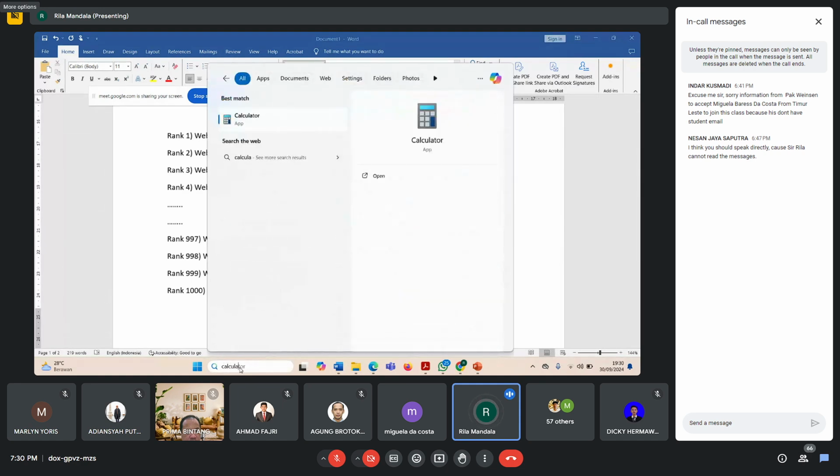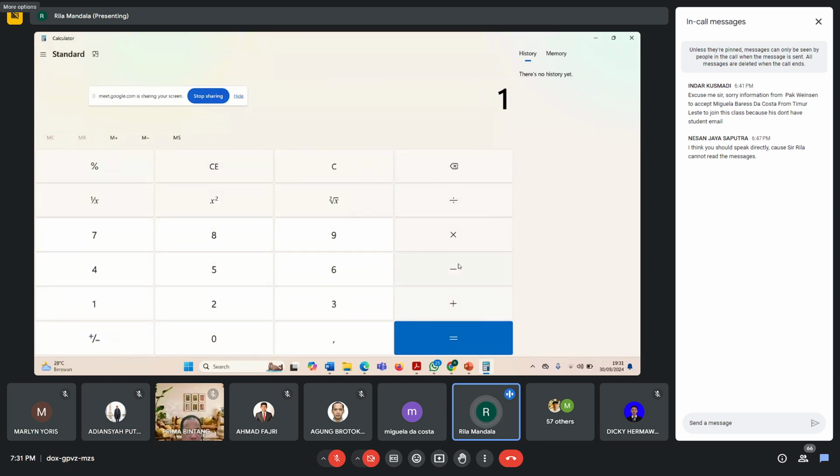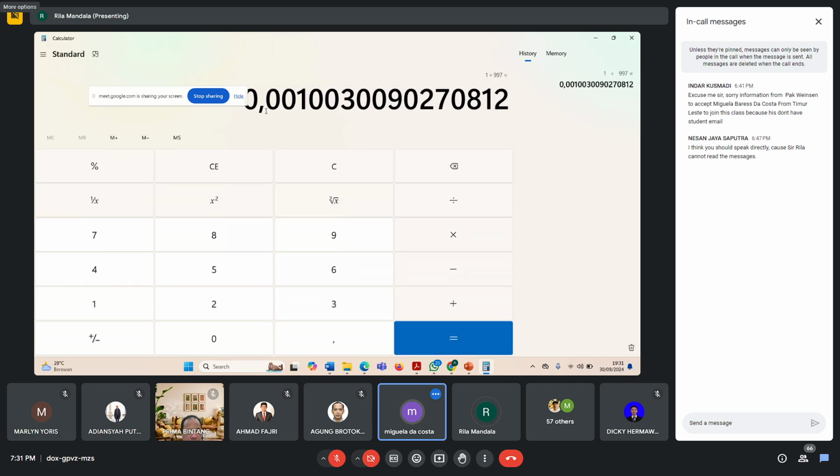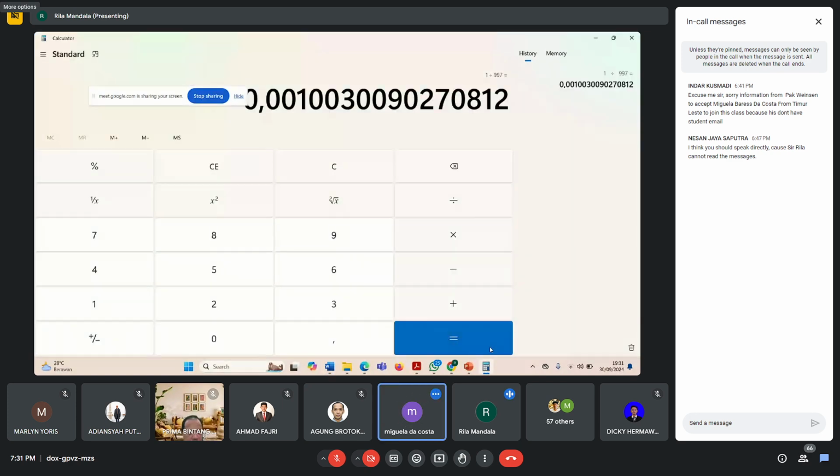Okay, I will use a calculator. 1 divided by 997 is 0.001003, so 0.001. How about 2 divided by 998? 0.002, right?